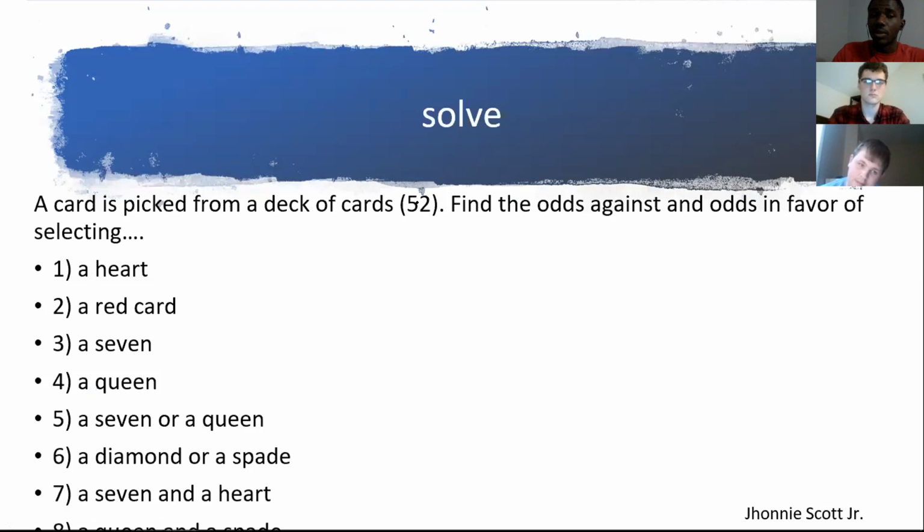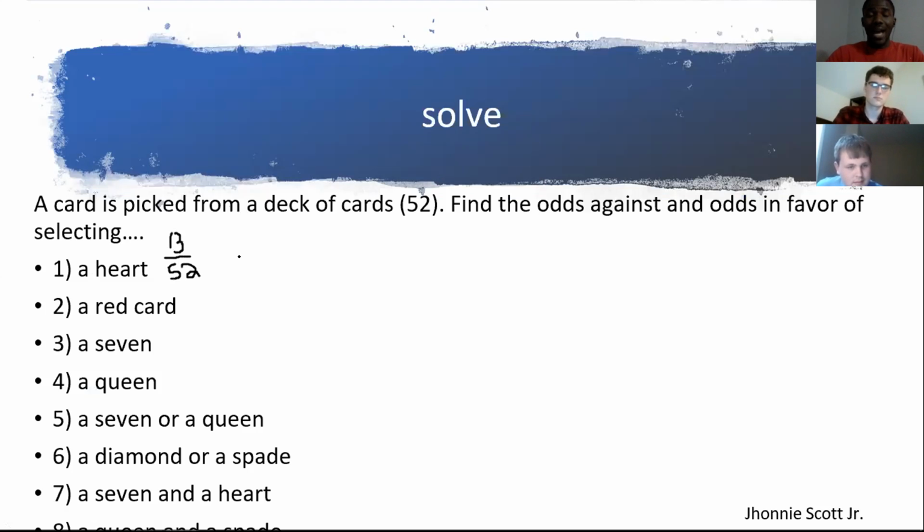52 cards total. Since we have 4 different suits, you would do 52 divided by 4, which will give you 13. 13 is the total number that we would be working with for number 1, okay? So if we were trying to find the probability of finding a heart, we would have a 13 in 52 chance because there's 13 hearts and 52 cards total.